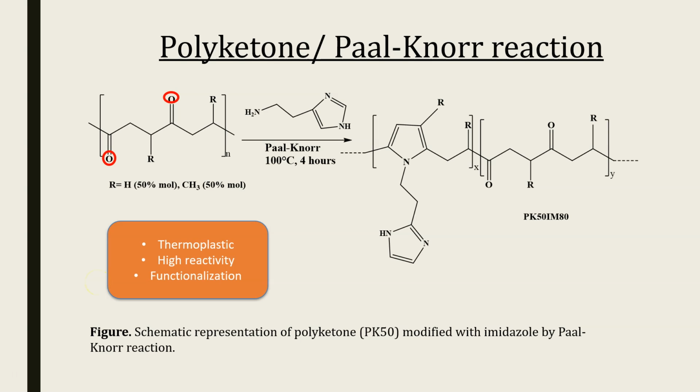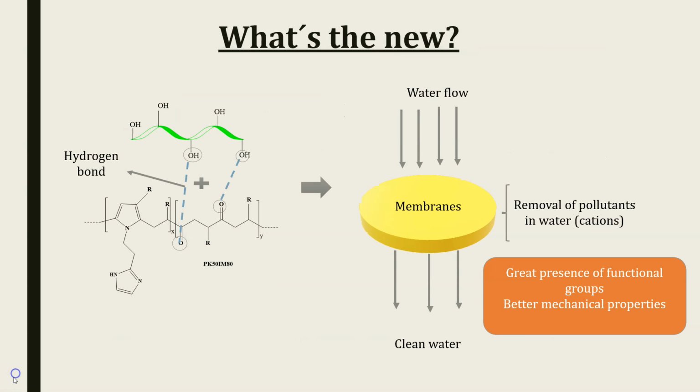Polyketone is a linear polymer that may be functionalized through many reactions, in this case, through the Paal-Knorr reaction. In this work, we use a polyketone modified with an imidazole derivative to create the polymer system PK15EM8. Now, the question is, what is new?